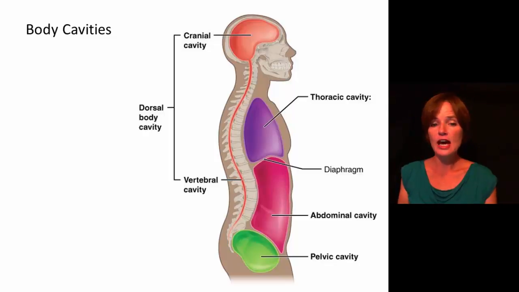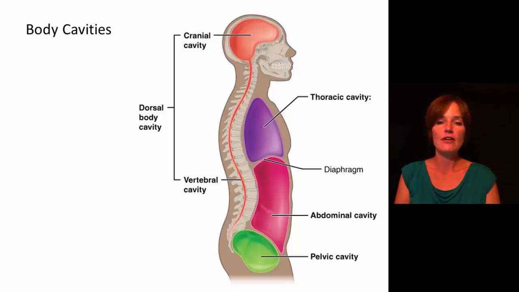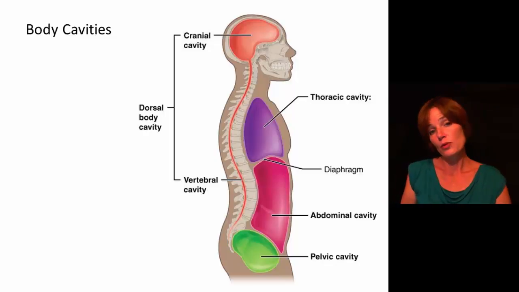And both of those cavities are pretty well protected because you do have the cranium that's covering the cranial cavity, and you do have the vertebrae that are containing the spinal cord. So they're smaller body cavities really when you compare them with the ones on the ventral side.